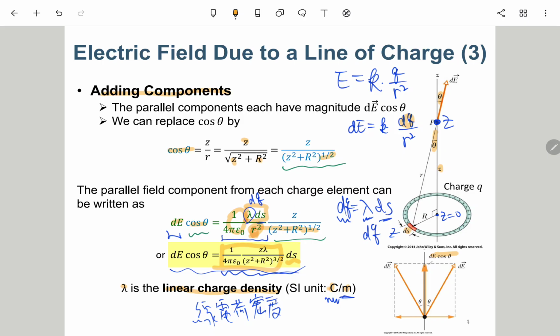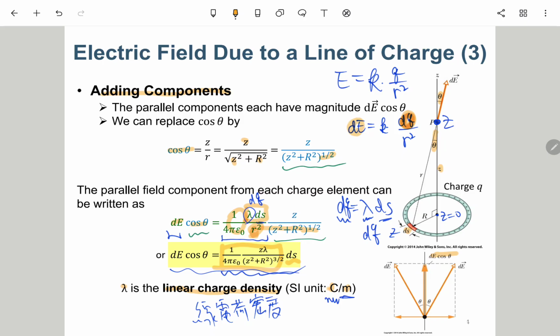Since this ds is very short, we consider it somehow like a point charge, so we can actually use dq here. You just ignore the d and consider dq a variable, and then it will generate another dE.